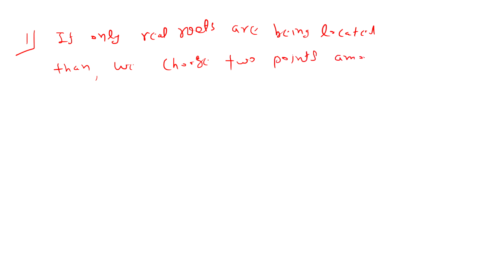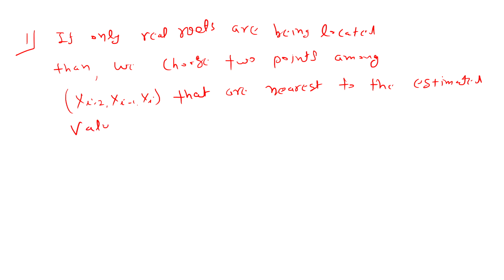First is that if only real roots are being located, then we choose 2 points among xi minus 2, xi minus 1 and xi that are nearest to the estimated value x3.